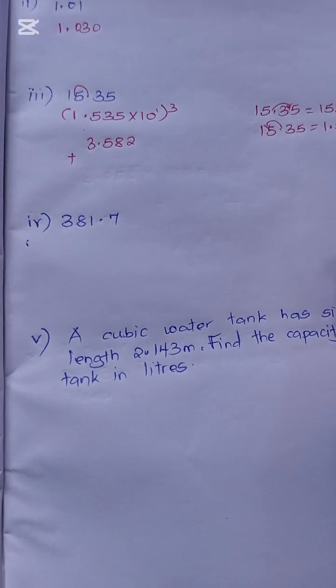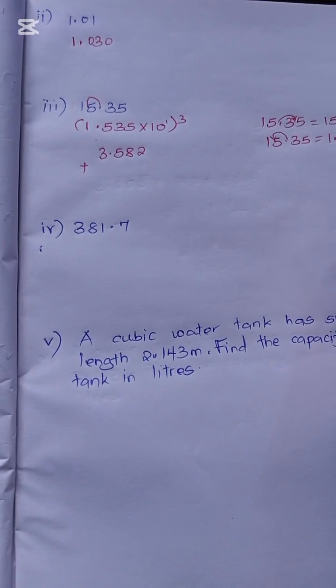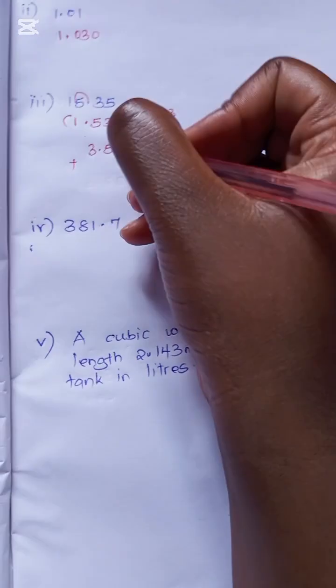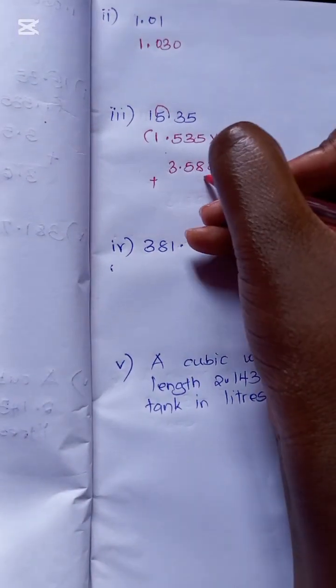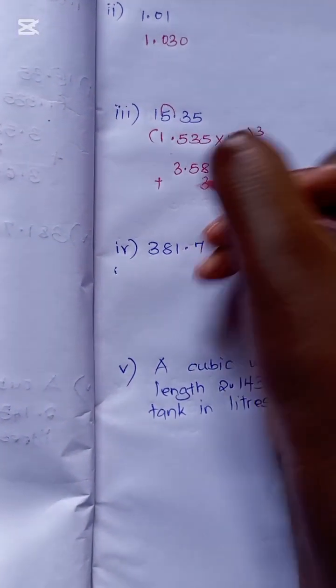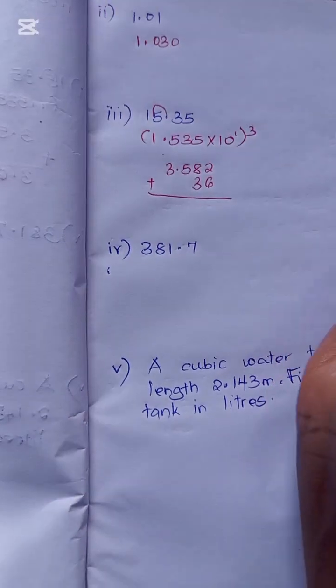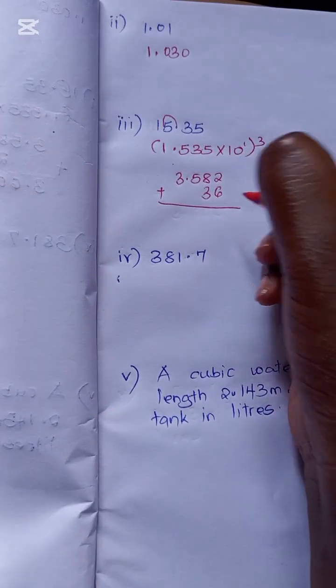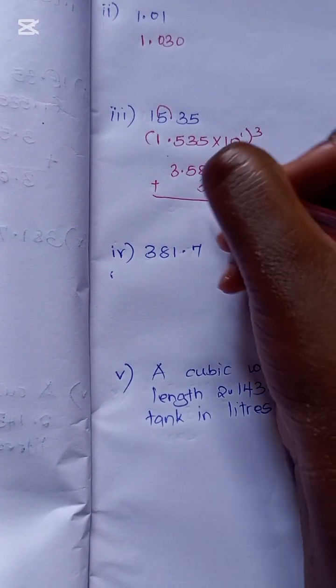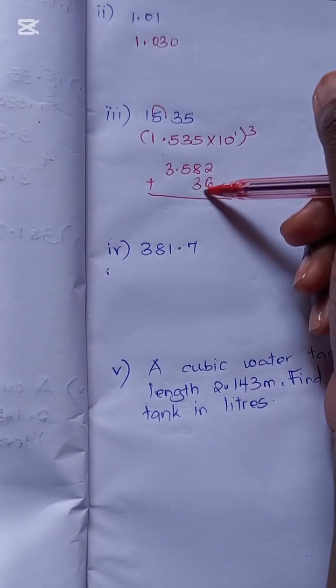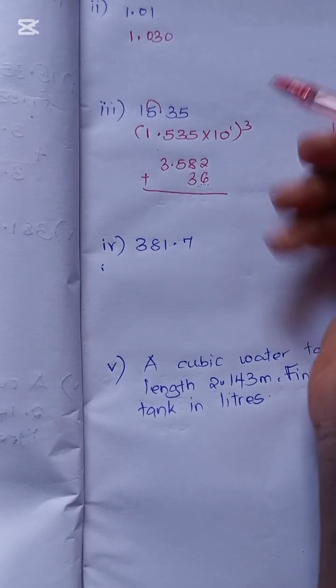We're now going to add 36 onto what we got, and we are going to be writing it here, 36. So let us add that, 3.582 plus 36. Remember, we are adding it on the decimal side.